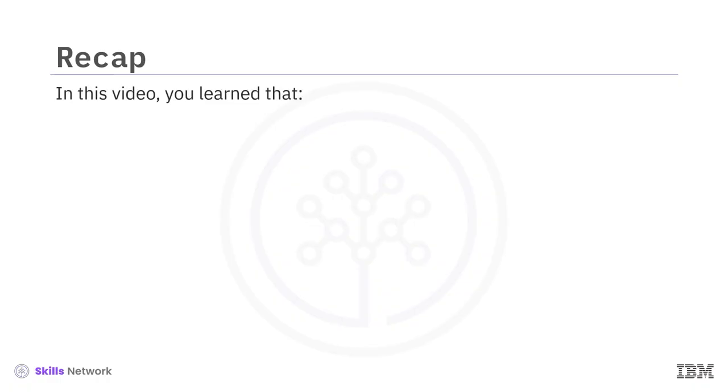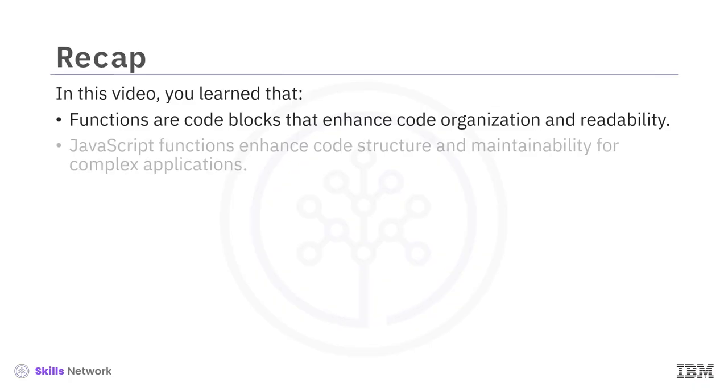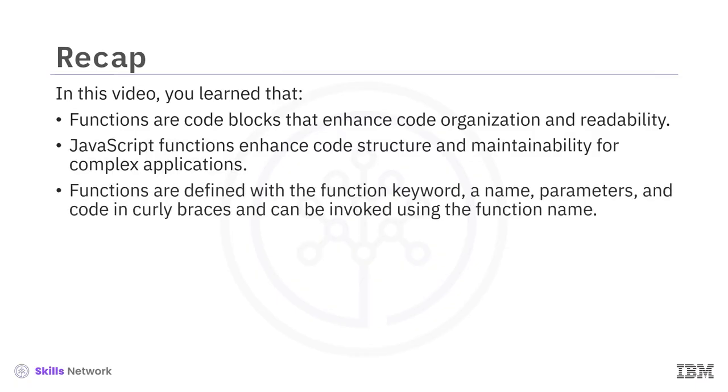In this video, you learn that functions are code blocks that enhance code organization and readability. JavaScript functions enhance code structure and maintainability for complex applications. Functions are defined with a function keyword, a name, parameters, and code in curly braces and can be invoked using the function name.